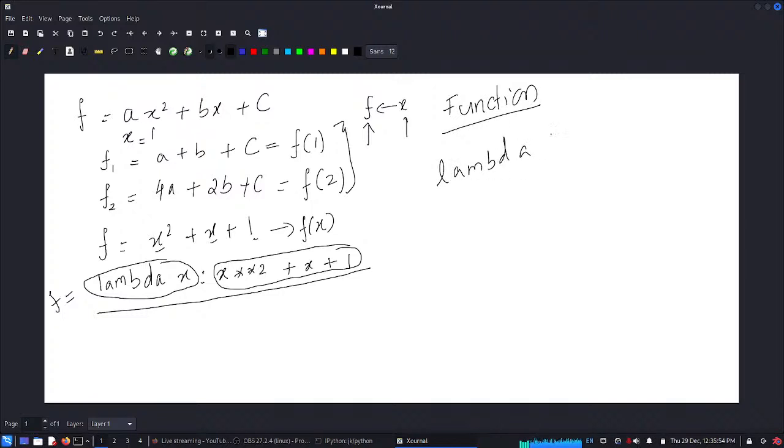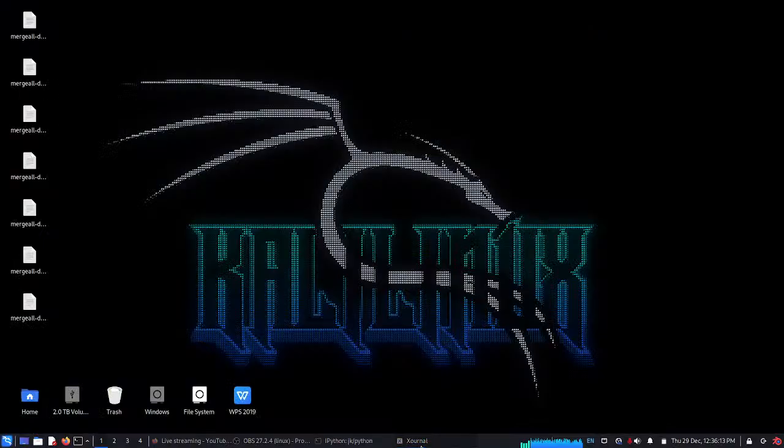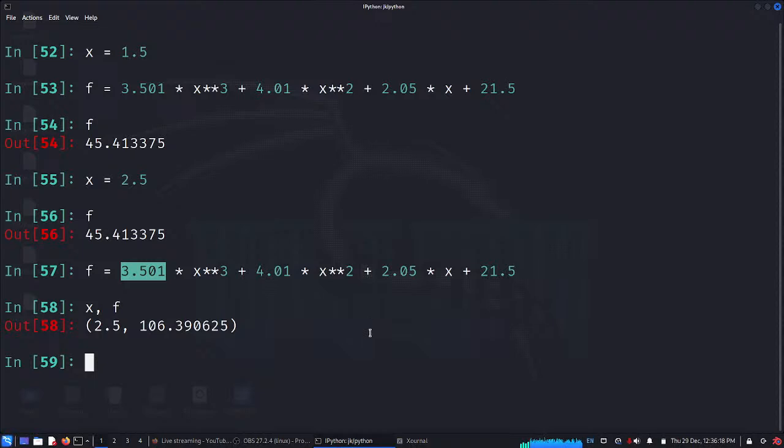Lambda is a function, a special one-line function that we will learn. So let's go back and see how we can use it. What we have is this one, right?